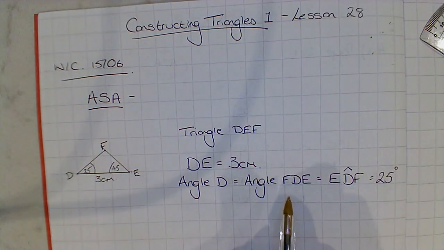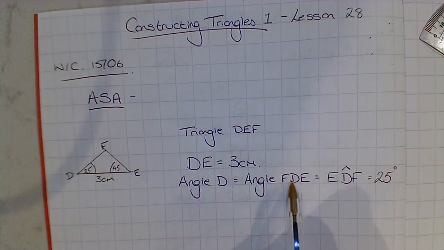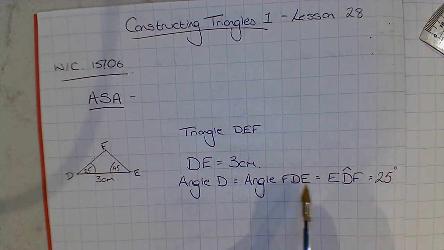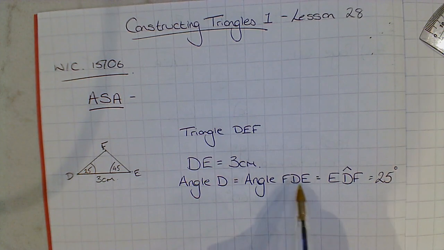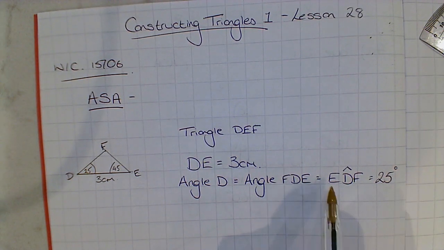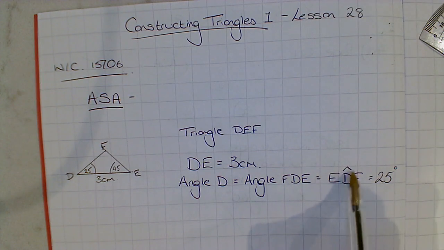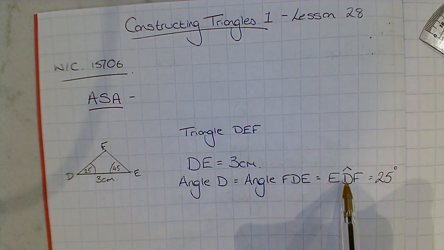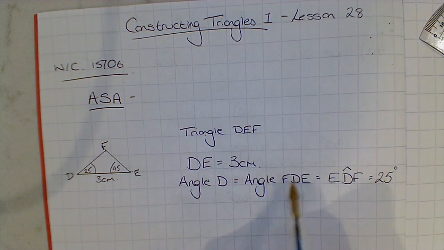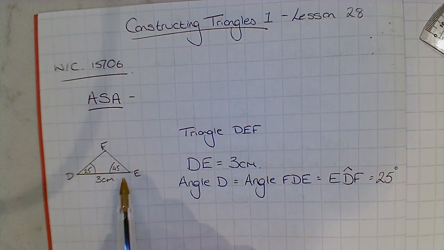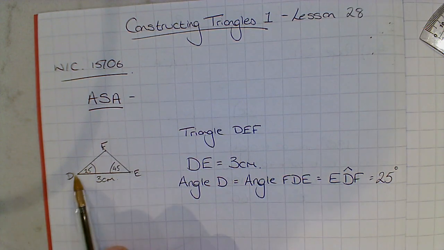So here, the only thing that matters with these 2 pieces of terminology is what the middle letter is. Okay? Notice that I've swapped around the F and the E in both of these, but they still mean the exact same thing. This little hat just means angle, so I've got angle D in all of these. Okay, so EDF with a hat on the D means I go from E to D to F, and what angle is made.